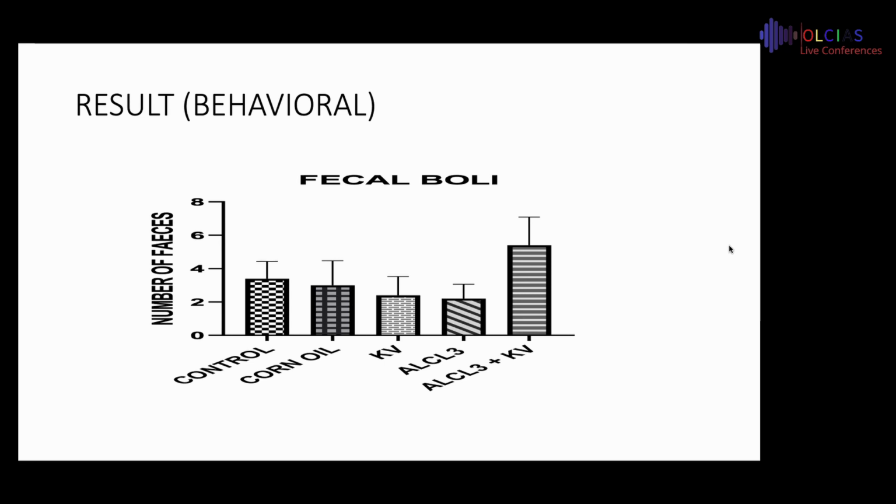So we can deduce that an increase in the number of vocalizations means a decrease in the anxiety level and depression level. And that is what is happening to the aluminum chloride group here compared to the control group. And we can see that the aluminum chloride and Kolaviron group has the highest number of faeces, because they are more anxious and suffered a decreased level of depression. The next slide.